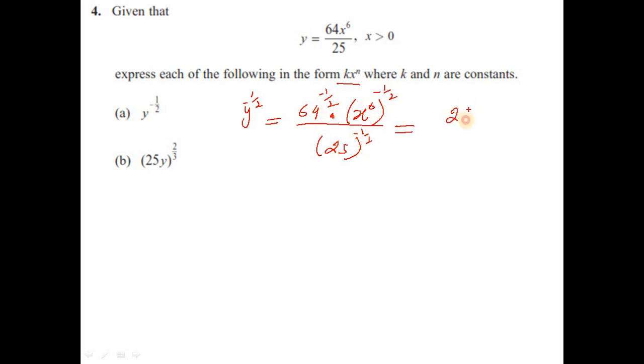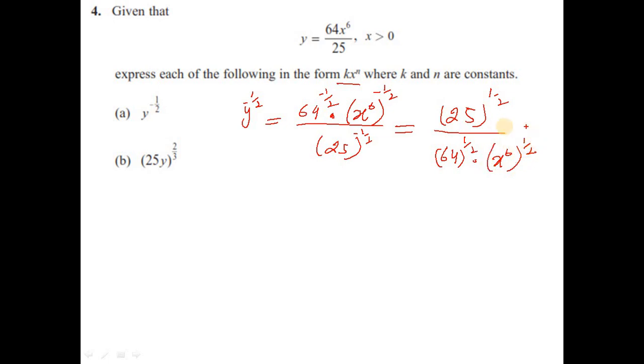So you do 25 to the power half, and then 64 to the power half, and then x to the power 6, power half.